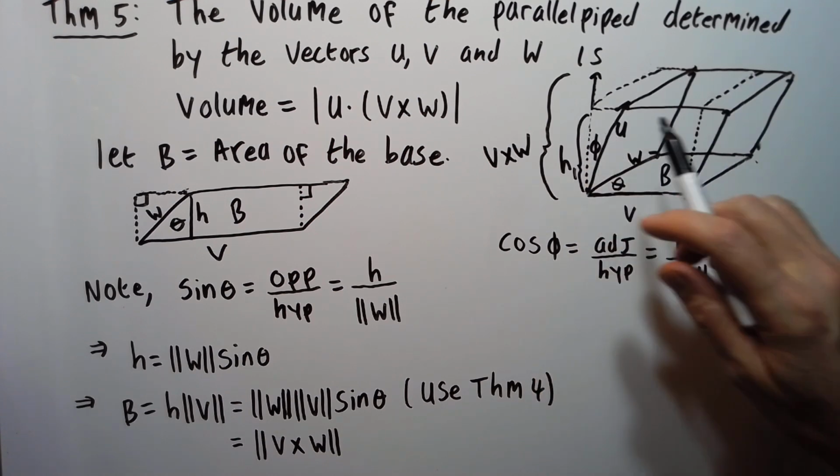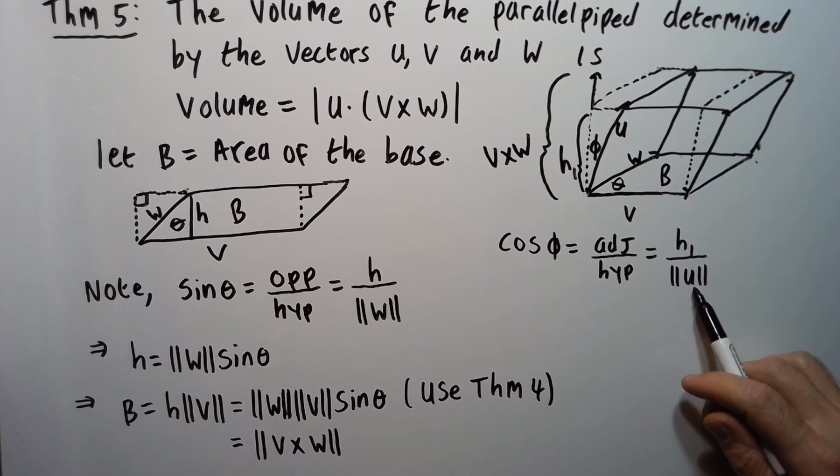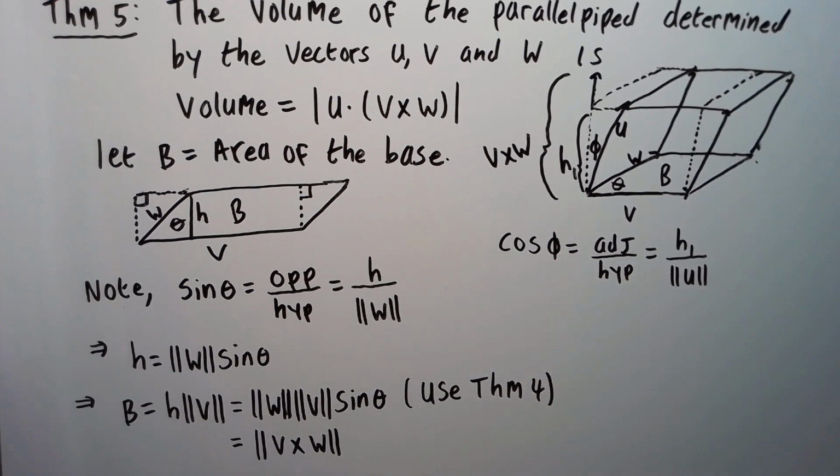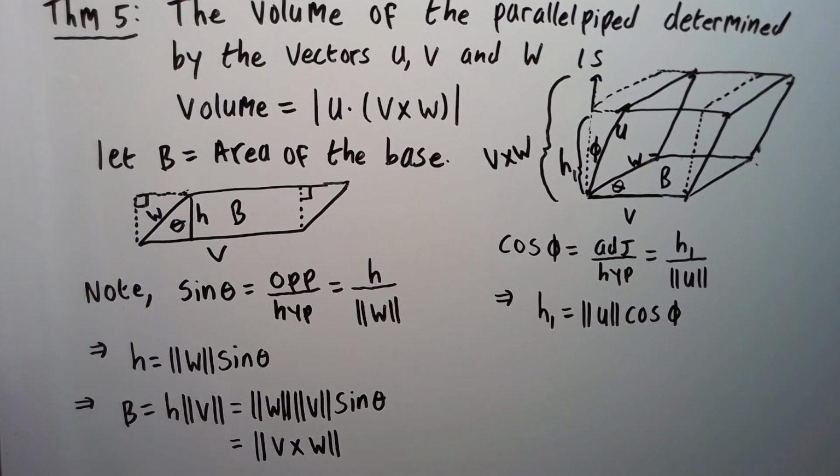The adjacent is h1. The hypotenuse is magnitude of u. So we can solve for h1 by multiplying both sides by magnitude of u. Doing that, we get h1 equals this. So the volume of the parallelepiped will be h1 times the area of the base. The area of the base is this.